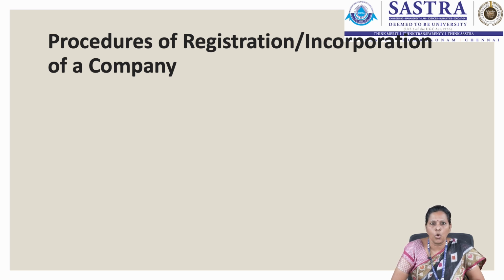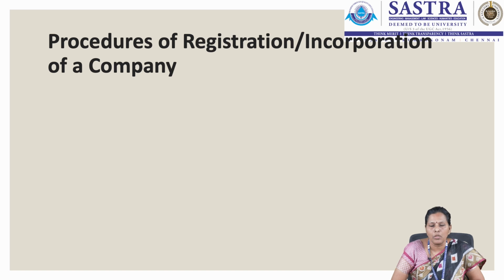According to Section 3 of the Companies Act, a private company should have a minimum of 2 members and a maximum of 200 members. A public company should have a minimum of 7 members, and the maximum is unlimited. If it is going to be a one person company, there should be only one person to form the company.